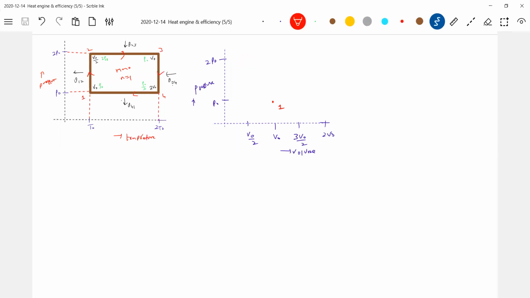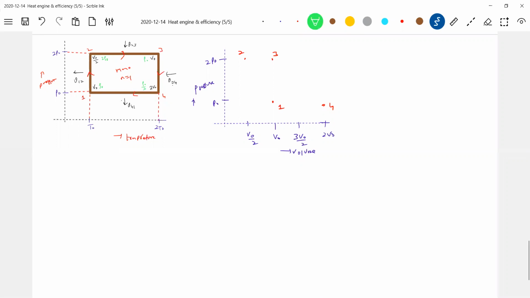So the point should be here. Now let's come to point 3: 2 P naught and V naught. What about point 4? P naught, V naught. Okay, let's now join the curve.